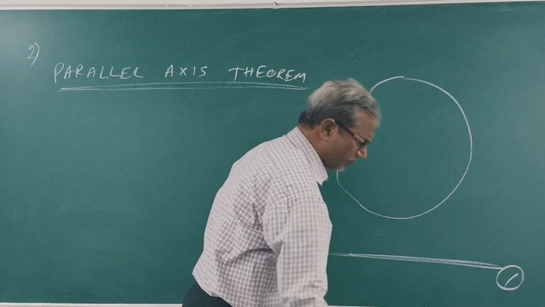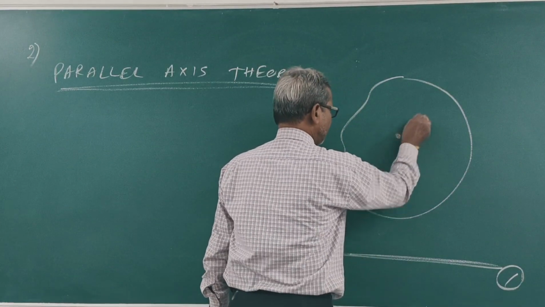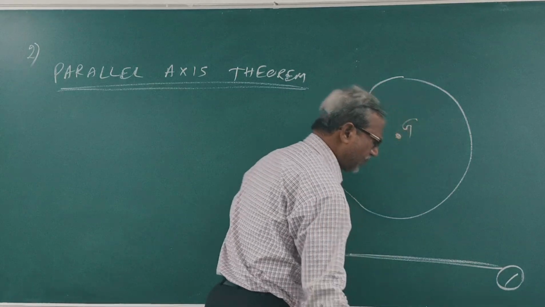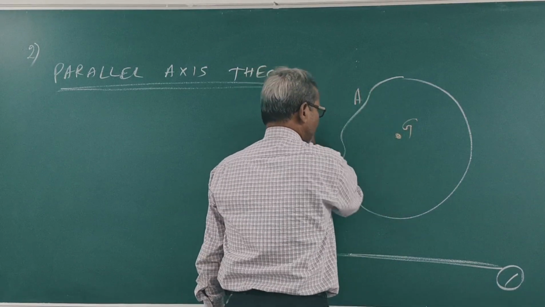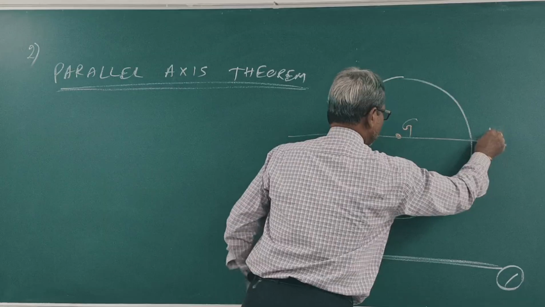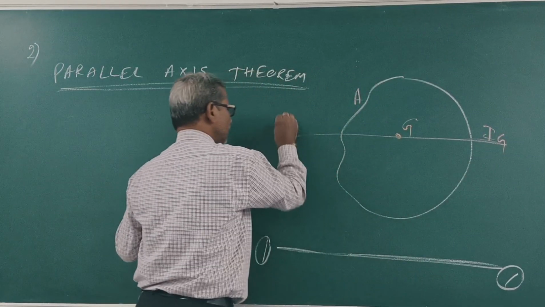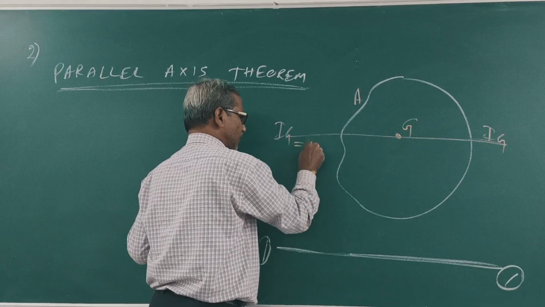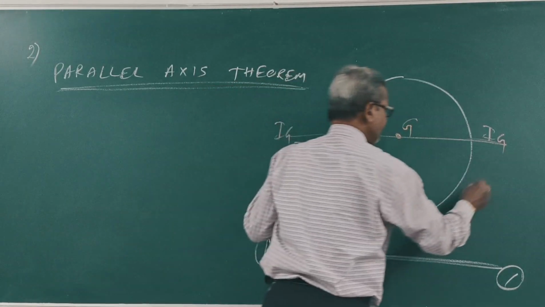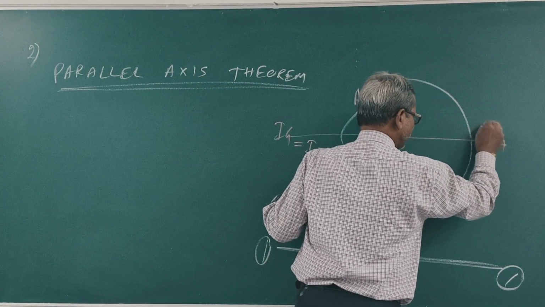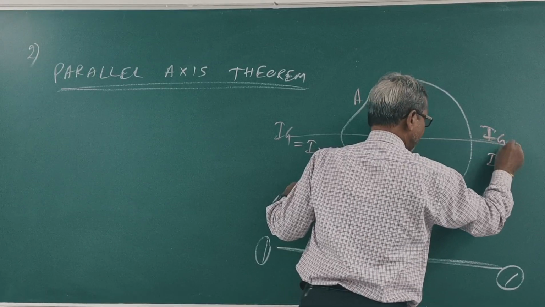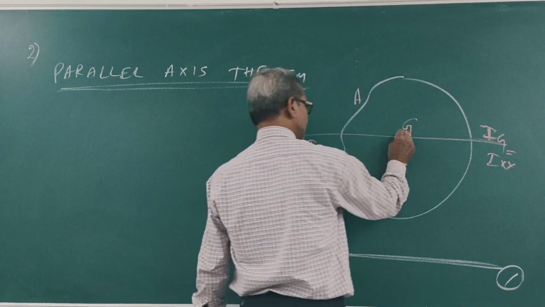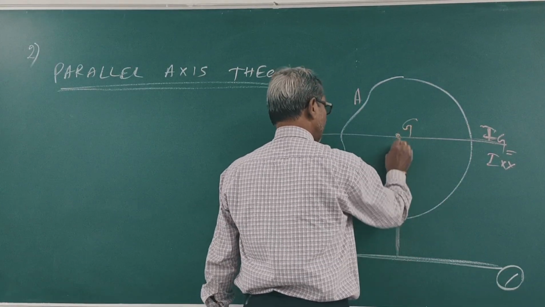Suppose this is point G, the CG, of the figure of area A. Suppose this is IG or Ixx, about an axis parallel to the x-axis passing through G. Clear? What is this distance? Yc or y bar.